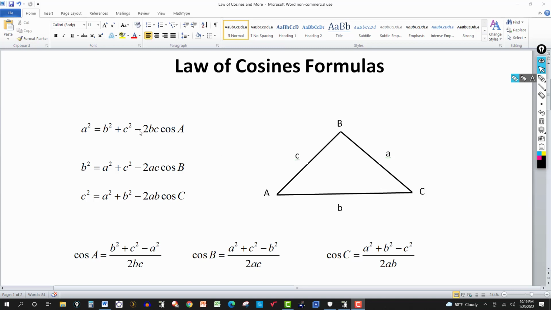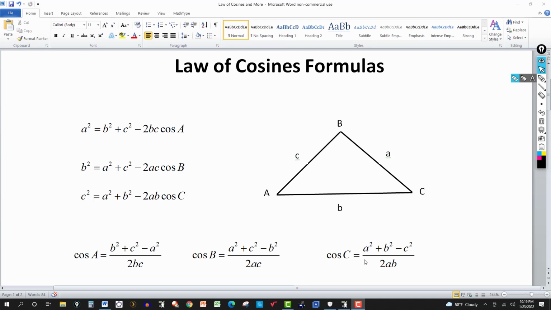Now, if you take each of these formulas and solve for cosine of A, cosine of B, or cosine of C, taking that term over to the left, and taking the a squared, b squared, c squared term over to the right side of the equals, we get these three formulas.